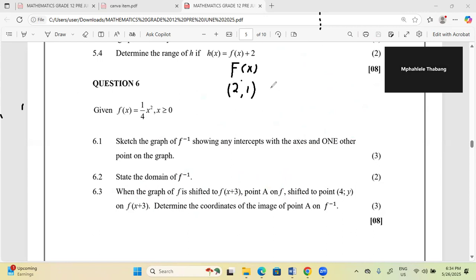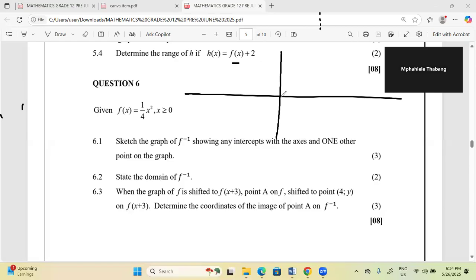So it means that the point on the inverse is going to be 1 and 2. So please, guys. Now 6.2, state the domain of the inverse. Okay, stating the domain is going to be easy. Let us go to the graph of the inverse. The inverse is like this.